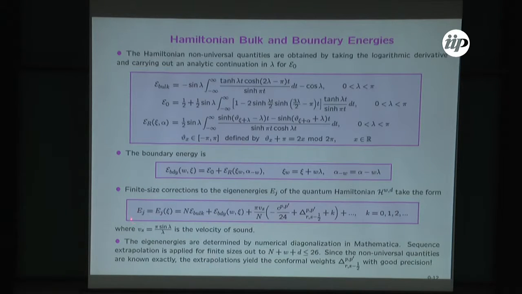So each eigenvalue of the Hamiltonian has a bulk contribution, a boundary contribution, and then there is the conformal universal contribution from which you can read off the central charges and the conformal dimensions. So in this formula, Vs, which appears here, is just the velocity of sound.